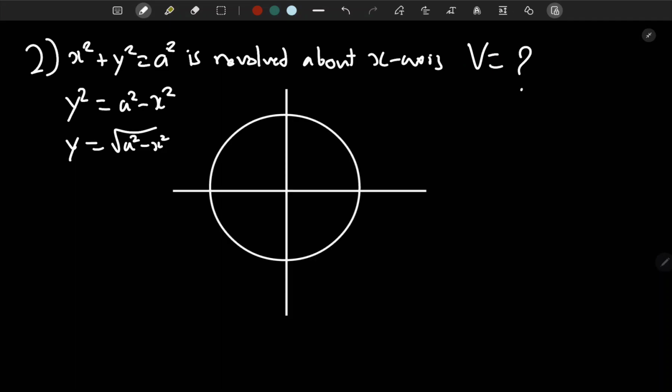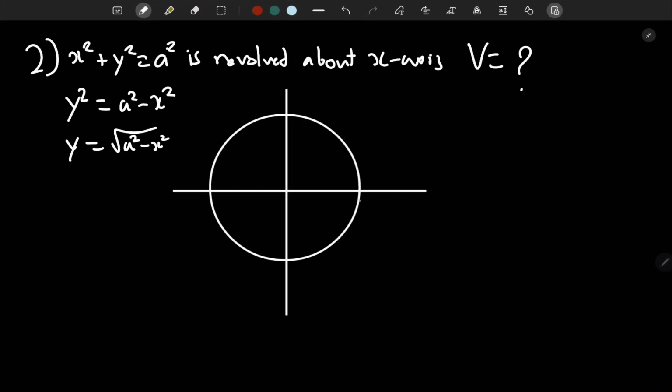So right away I graphed the circle, and to graph this you can also take random points, and here you have to take a since you have three unknowns. So x as a, so a squared minus a squared, which is 0 as shown here.